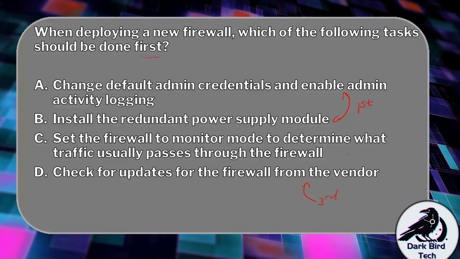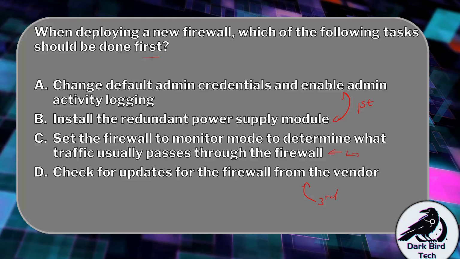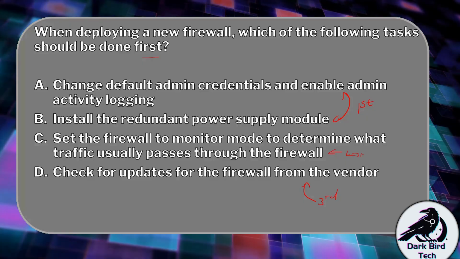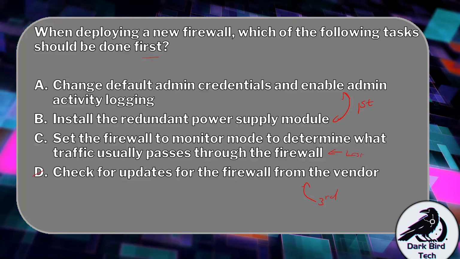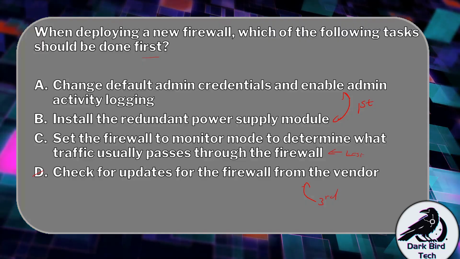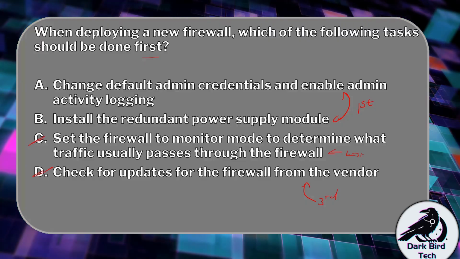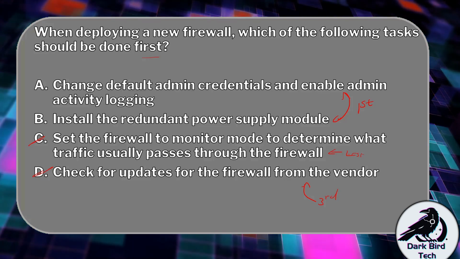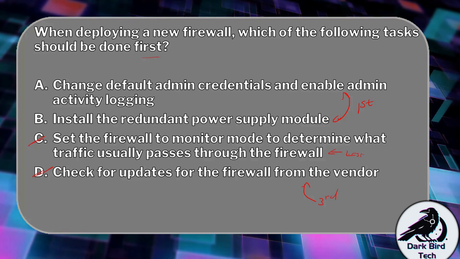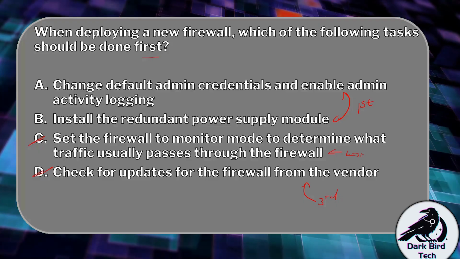The monitor mode, that would be the last thing I'm doing in this deployment option list. Because that's third, I'm taking it out of the equation because I would do that last because I'd have done a whole load of other preliminary stuff before trying to get this firewall properly deployed. That leaves me with put the power supply in or change default credentials.